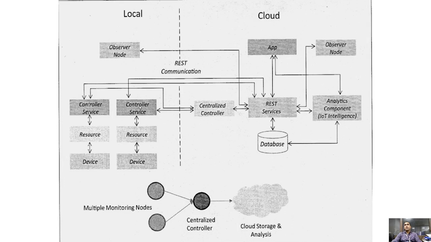Basically the controller service is responsible for sending the data to the REST services running on the cloud, and it also communicates with the centralized controller which controls the different nodes, and then the data can be stored in a database. This analytics component generates different kinds of visualization, and it finds patterns in the data.